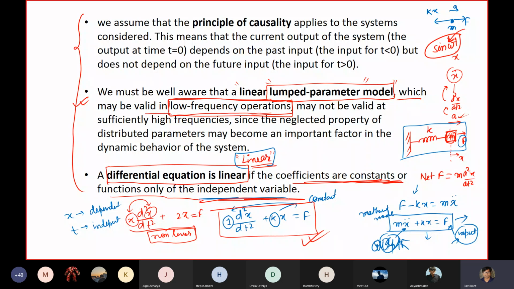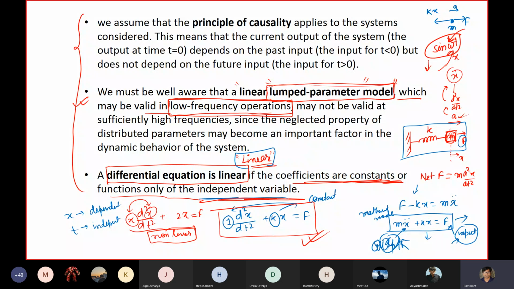As long as this omega is in the low range, this lumped parameter model is valid. Otherwise, if we were talking about very high frequencies, then the lumped parameter model would not be valid, and we will not take up those sorts of cases in this particular course.